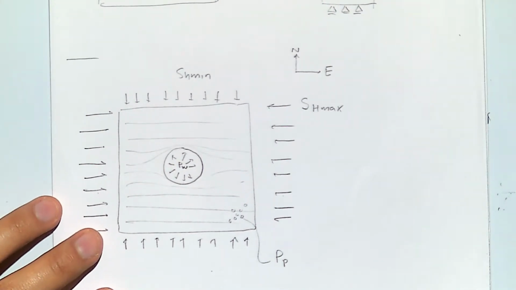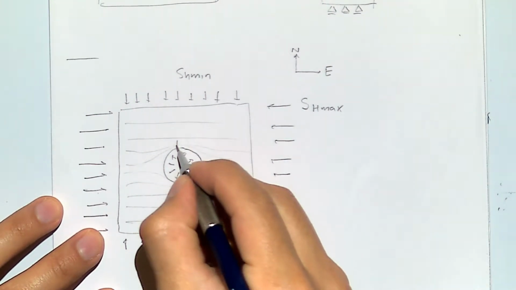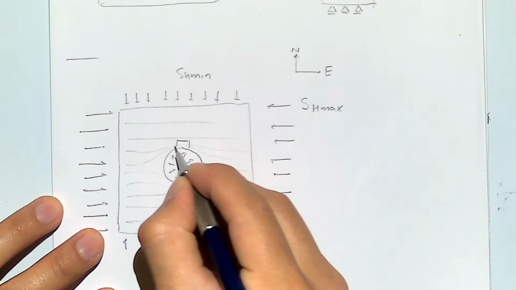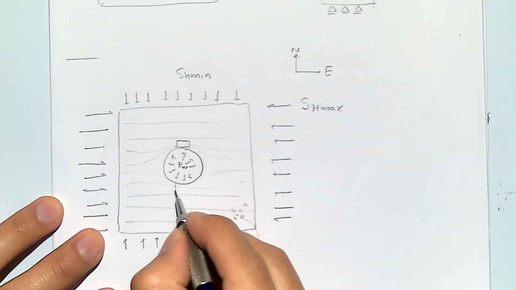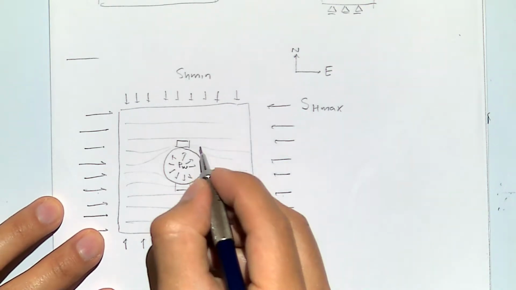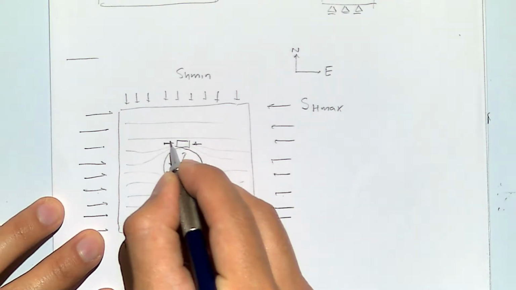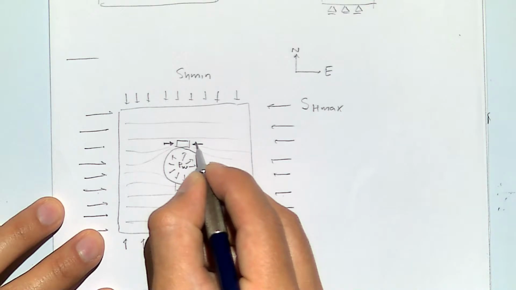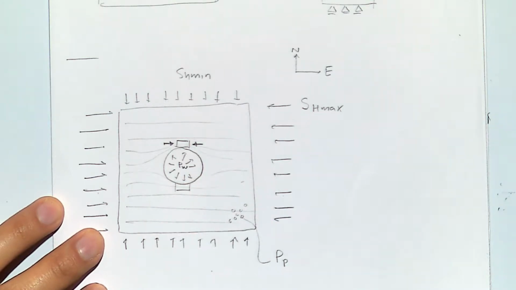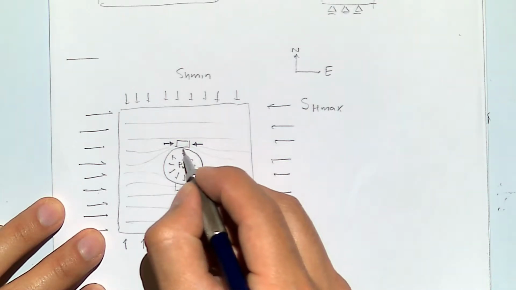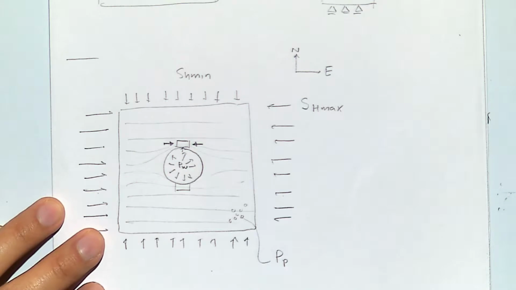If you look at the hoop stress in these two regions, most of the compression, or the maximum principal stress, let's talk in specific terms, is going to be in this direction, and the minimum principal stress will be very likely in this direction.